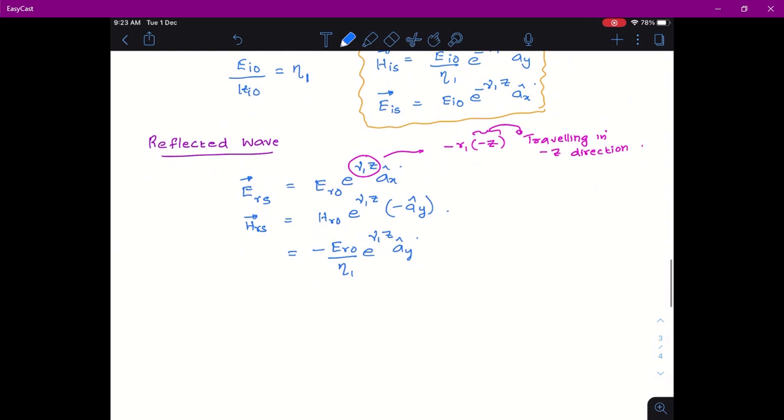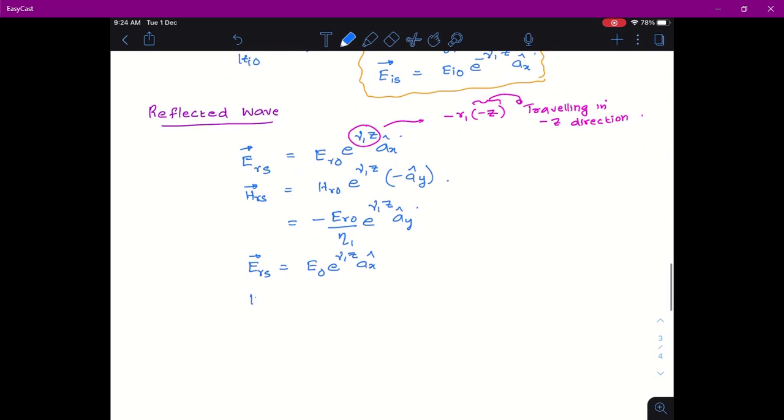Okay. So just to summarize, ERS is equal to ER0 e raised to gamma 1 z AX cap, and HRS is equal to minus ER0 by eta 1 e raised to plus gamma 1 z AY cap.